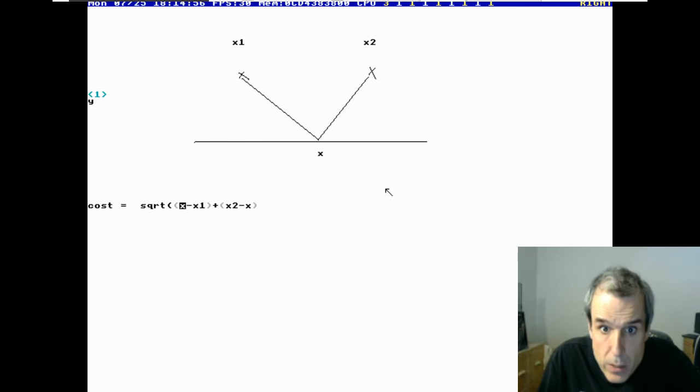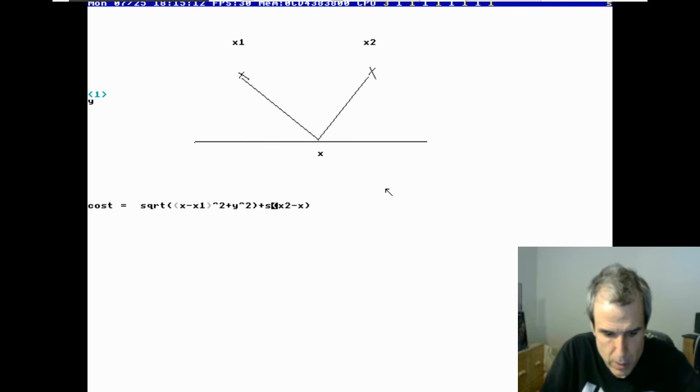Okay, so we have x minus x1 squared plus y squared, square root, plus square root.